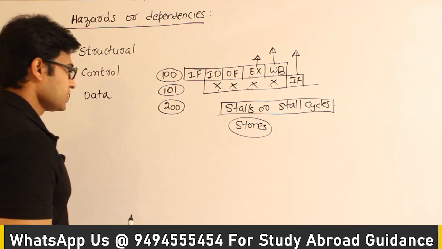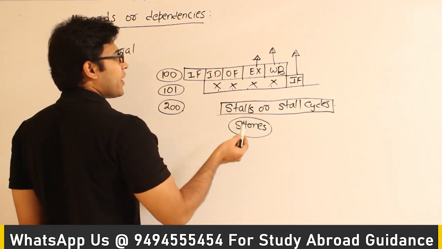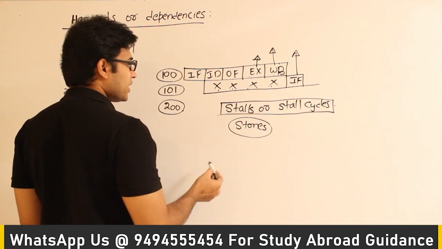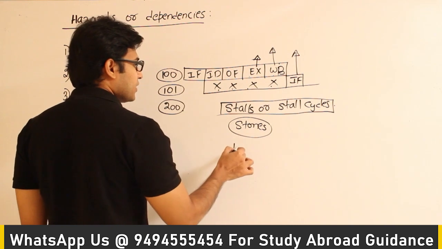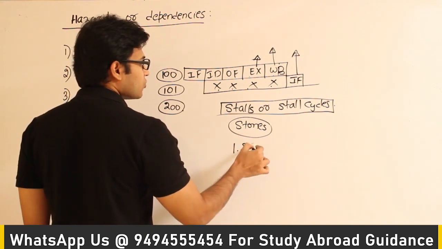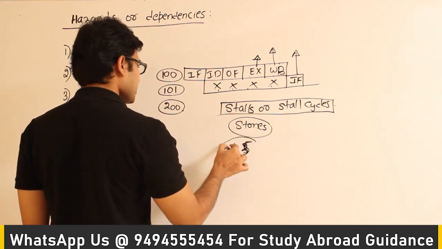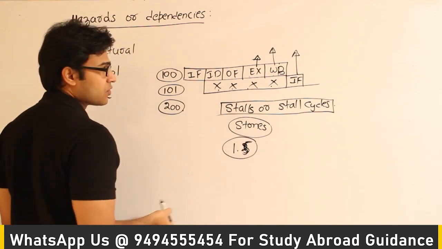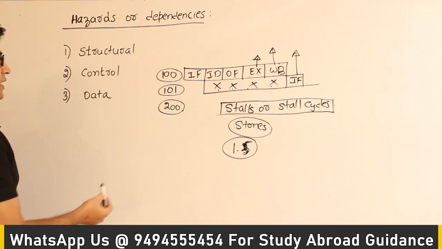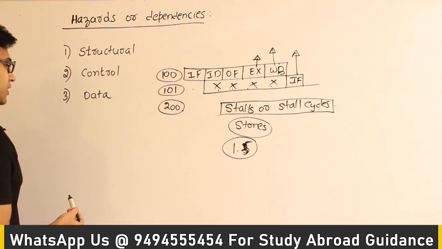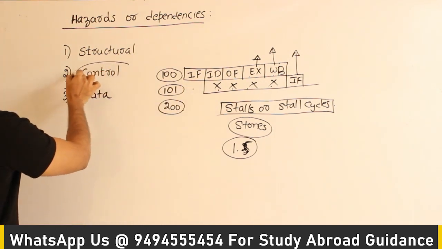Because of such instructions, on average, instead of getting an instruction every 1 clock, we will be getting, let's say, 1.2 or 1.5 clocks per instruction, which means the number of clocks per instruction on average is going to increase because of control instructions. The example I have shown you falls under the category of control dependency.